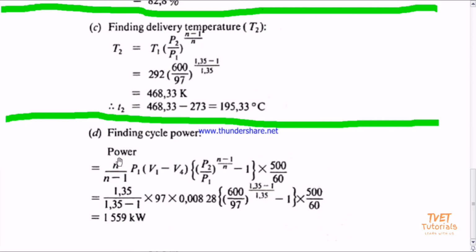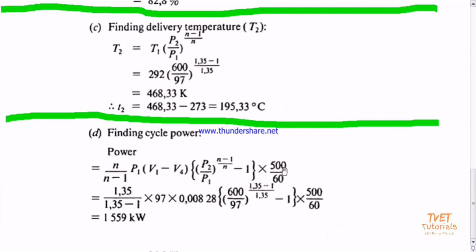This is how we do it. After calculating everything, we can just come here and substitute all the values. We were given the index of compression and expansion. We've got pressure 1, we've got swept volume, we've got pressure ratios, and then we multiply throughout. Then this should give us the power.